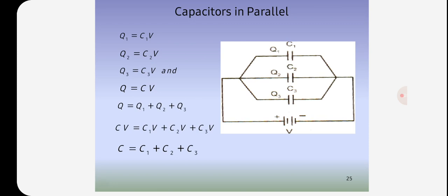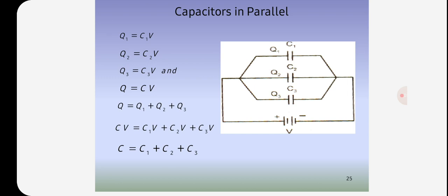Here Q1 is equal to C1V, Q2 is equal to C2V, Q3 is equal to C3V, and Q is equal to CV. Q is equal to Q1 plus Q2 plus Q3.